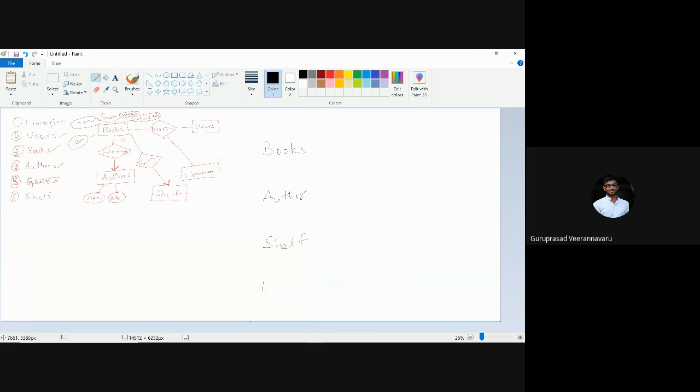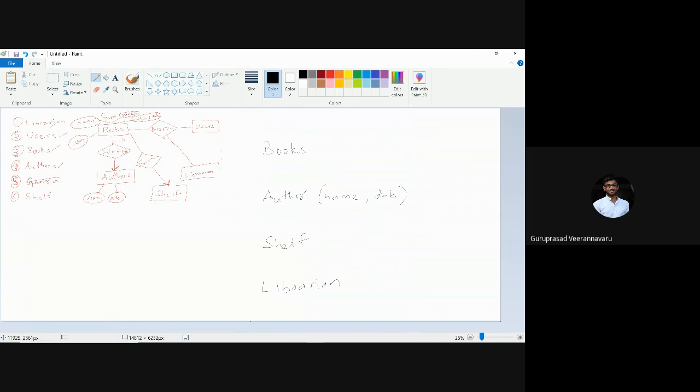And then you have librarian, which is one more table. Okay, so author does not have any mapping, right? Initially we'll write for author. Author has name, he has date of birth, and that much only.